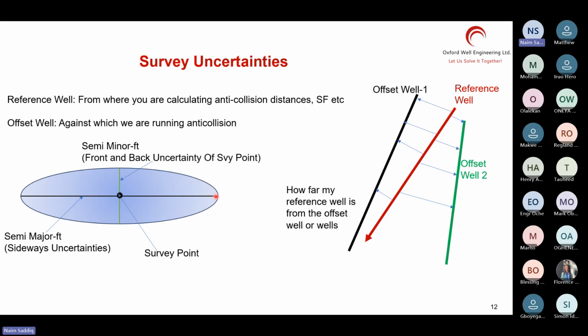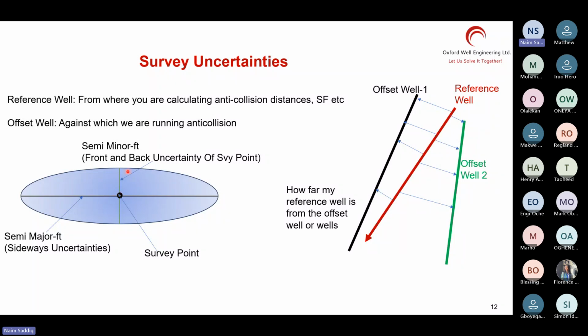If you are using very refined MWD, LWD tools, then this rugby ball will be small. Up and down is the TVD uncertainty. TVD is also uncertain. If you try to land the well in a thin bed reservoir, you may not be able to hit the reservoir because of the TVD uncertainty.